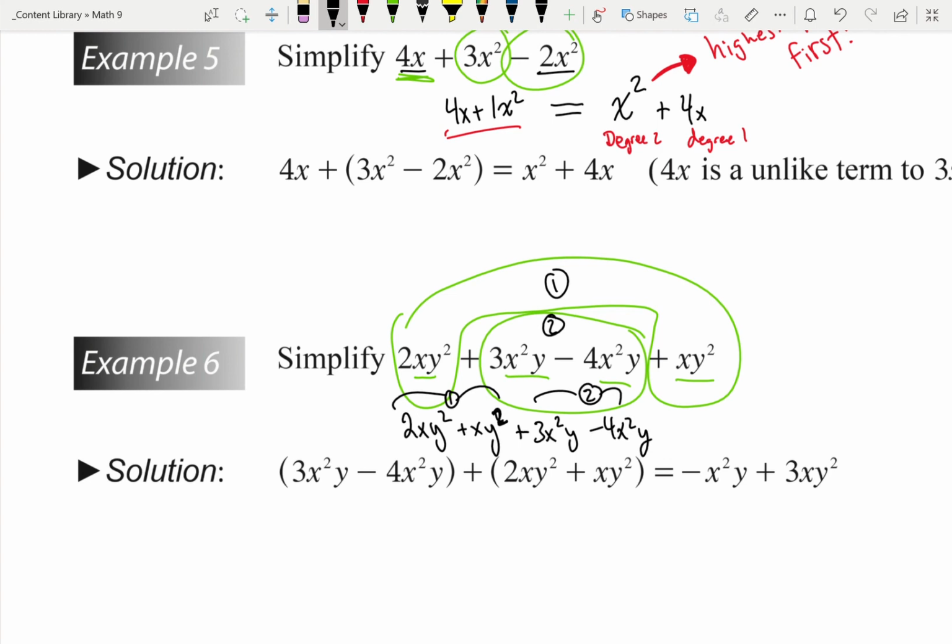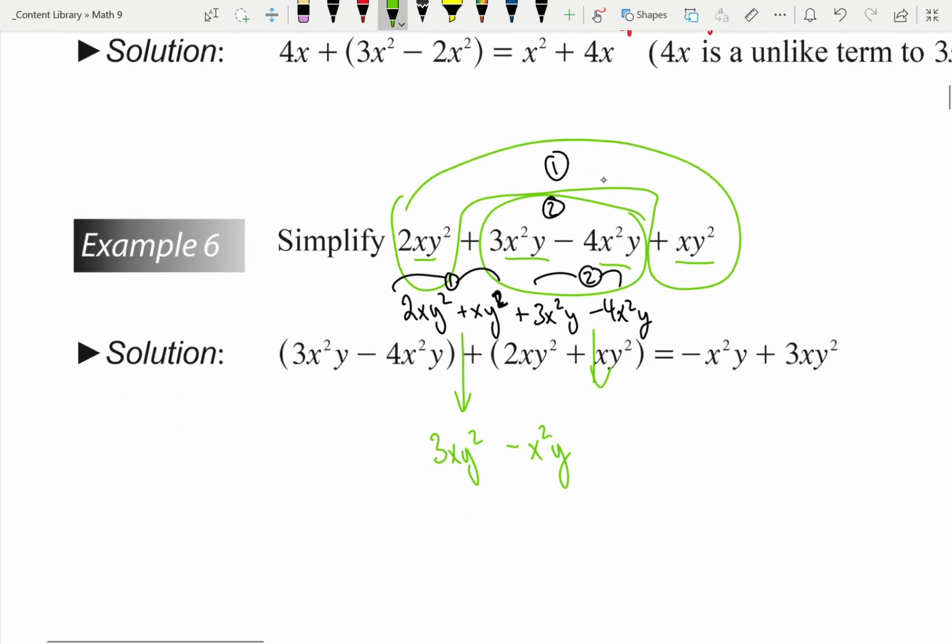So keeping this in mind, they have the same degree, but what I'm going to end up with, if I carry this through down this way, I'll have 3xy squared, and then this will be negative x squared y.